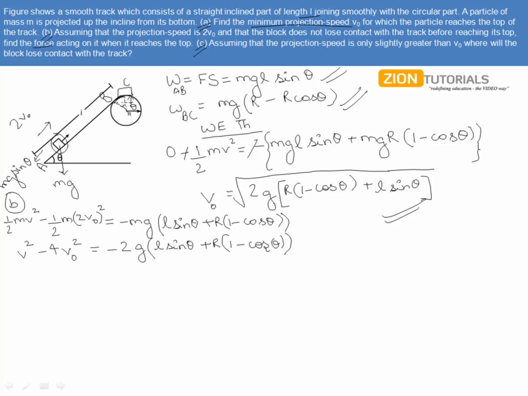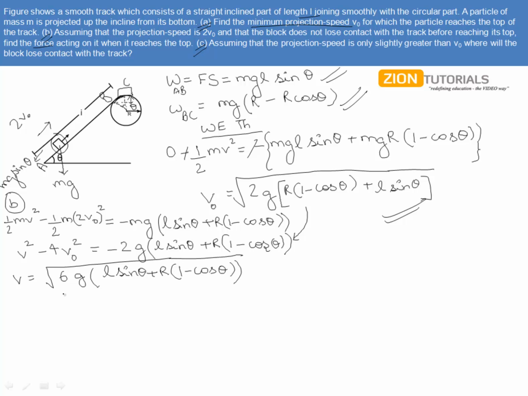Now putting the value of v naught from the first part, we get the value of v to be under root 6g into L sine theta plus r into 1 minus cos theta.